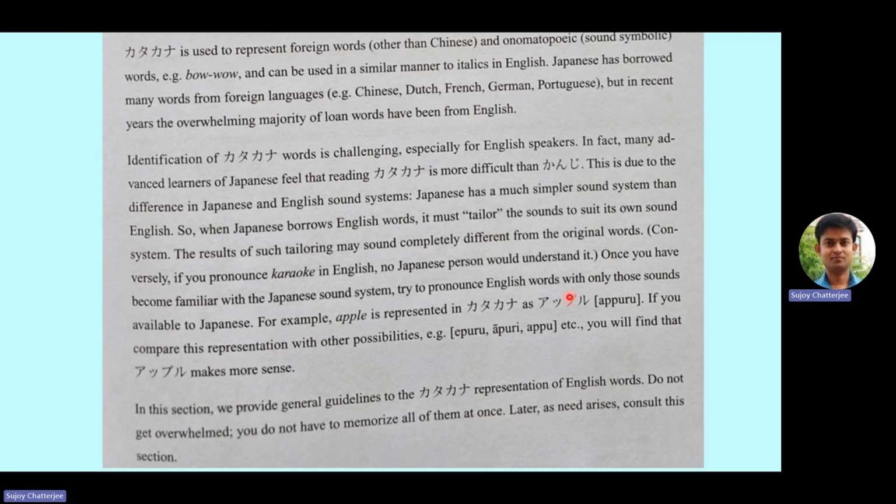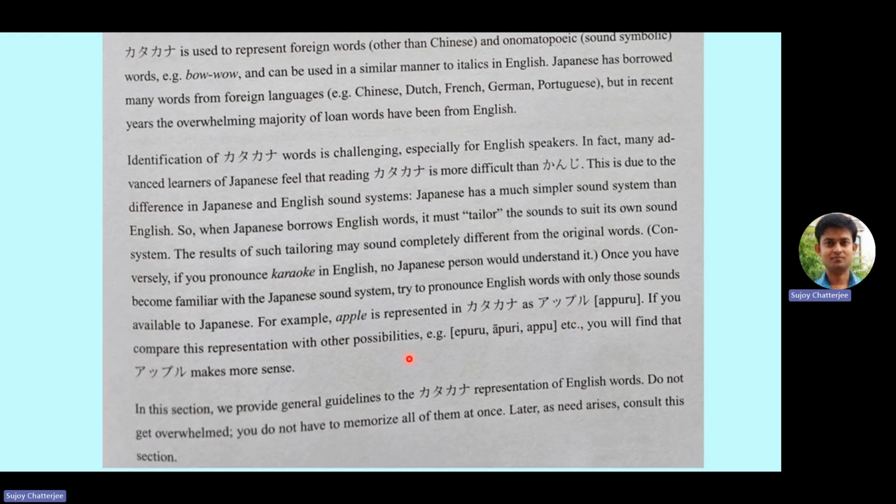You can see here, appuru, because this is the nearest possible spelling of apple in Japanese, and katakana will be used. Apple is represented in katakana as appuru. If you compare this representation with some other possibilities, for example, epuru, apuri, appu, etc., you will find that appuru makes more sense. So the apple becomes appuru.